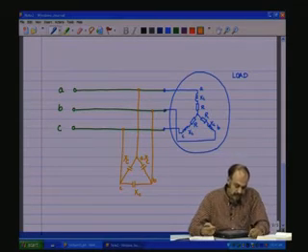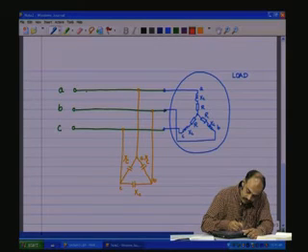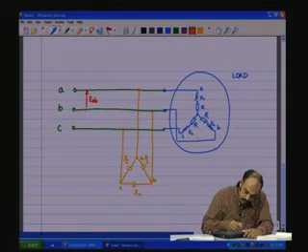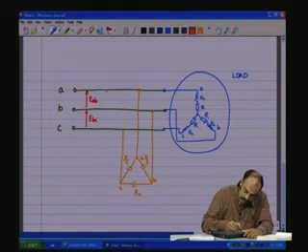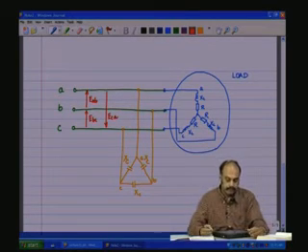For us, let us now have the reference. The reference is this is EAB, this is EBC, and we have ECA.